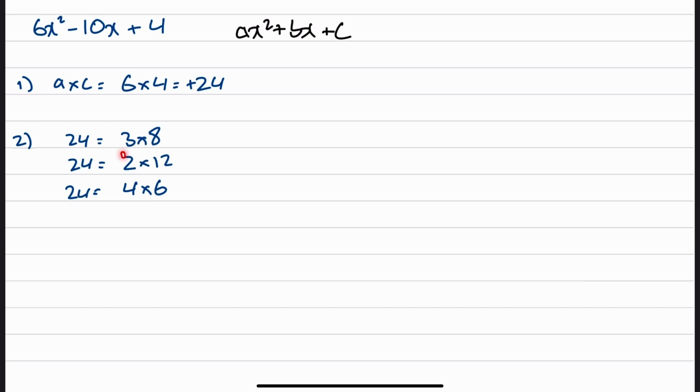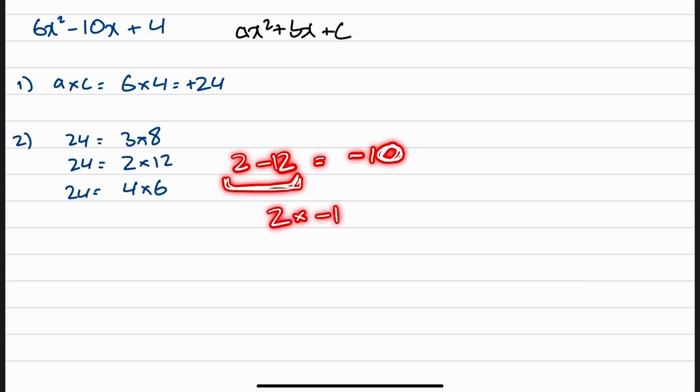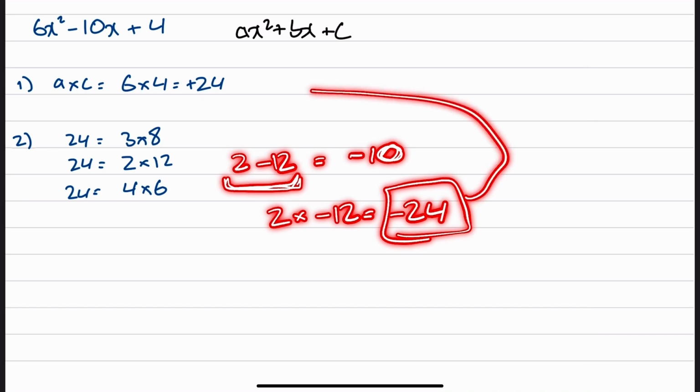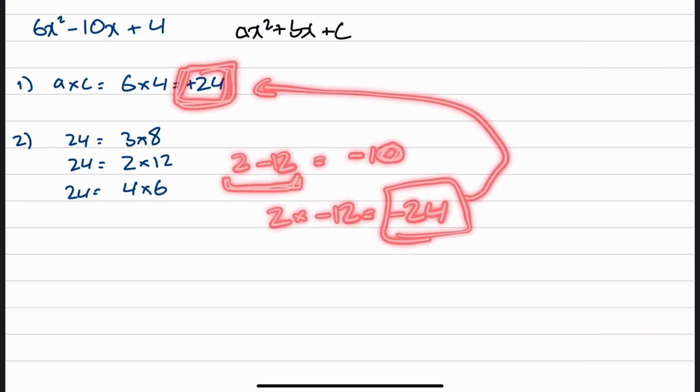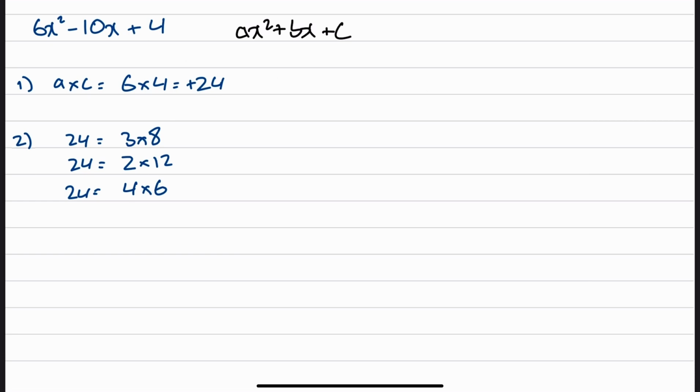The way 2 and 12 give me a minus 10 would be if I take positive 2 and minus 12. This gives me a negative 10. But if I multiply these two numbers, 2 into minus 12, they give me a minus 24. This conflicts with our actual product of a into c, which is a positive 24. So what do we do?